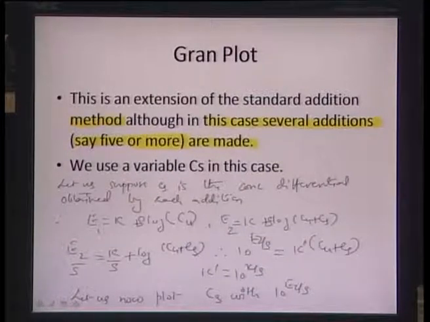So here we define Cs as a variable in a manner that Cs is basically the concentration differential. If you are adding a certain concentration to the unknown concentration of the analyte, the overall concentration that comes out because of this addition of known volumes of the standard and known volumes of the unknown can be represented as the unknown plus a concentration differential.